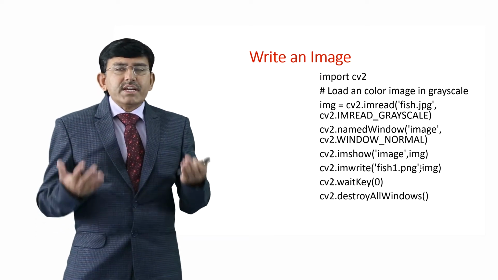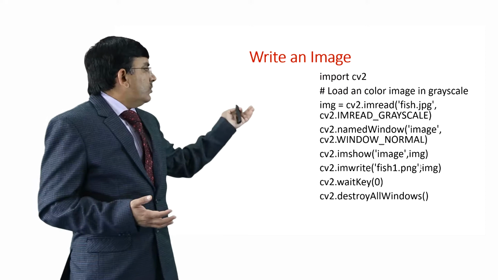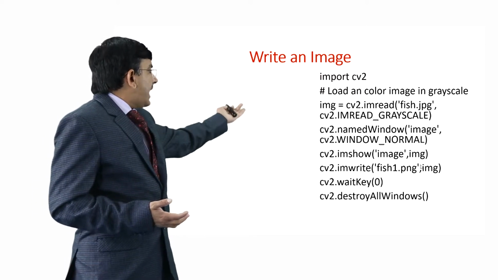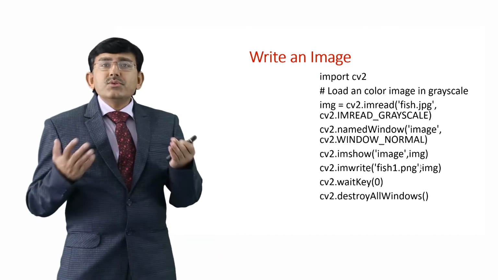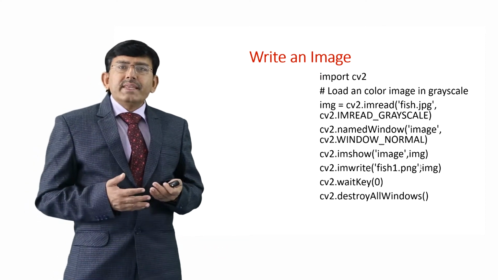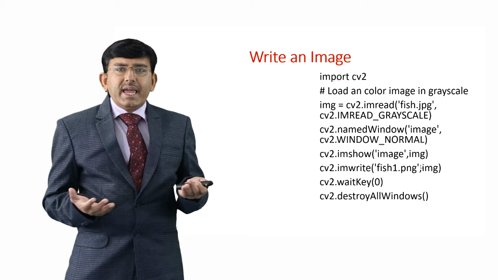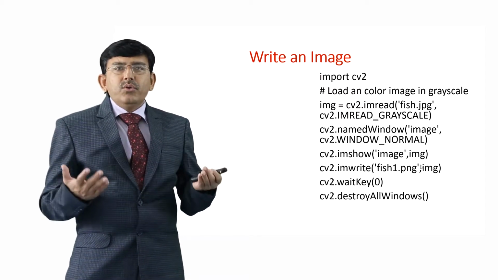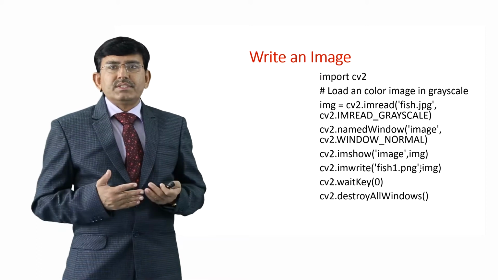For that, the statements required are to use imread to read the image from the storage device and save that into a user-defined variable. Then imread grayscale will be a parameter for it. Then namedWindow with the normal parameter.